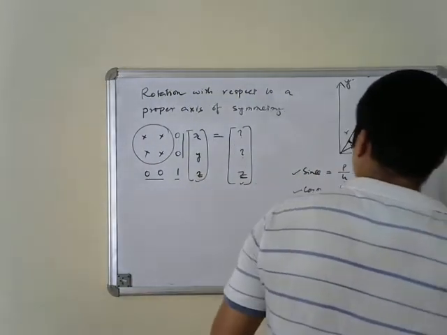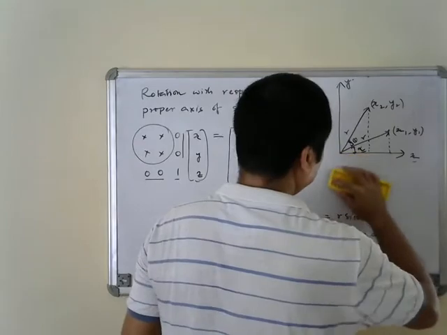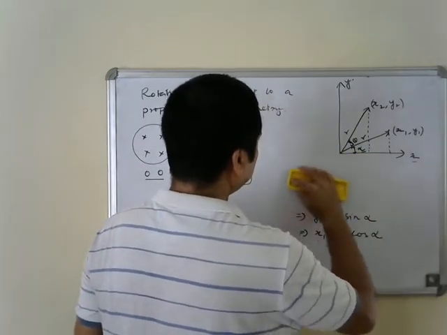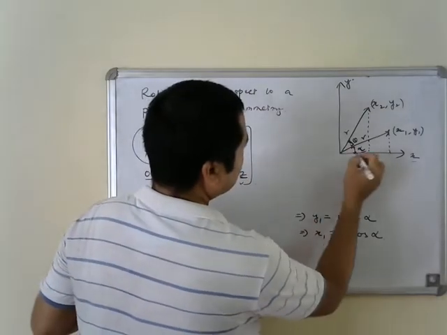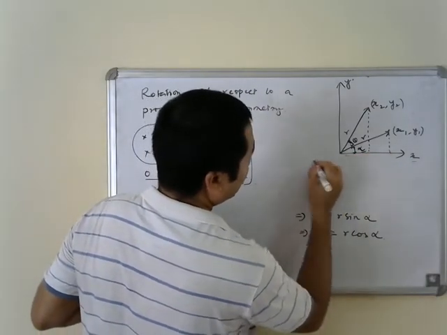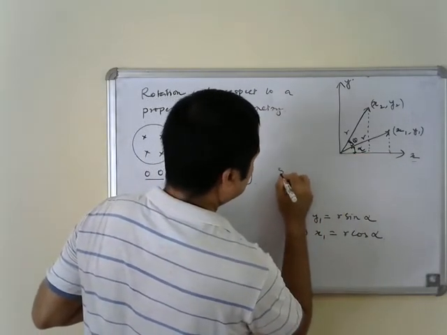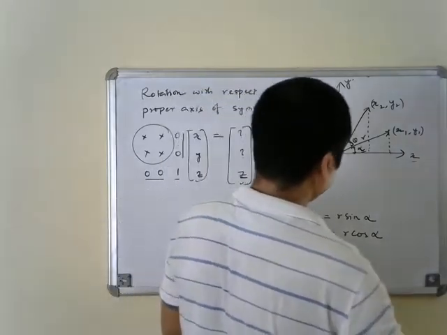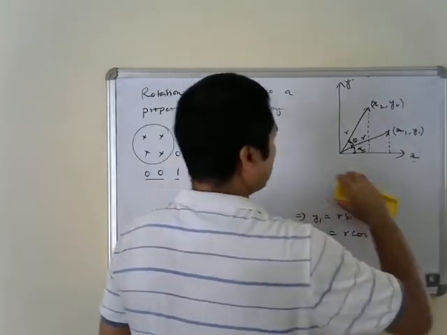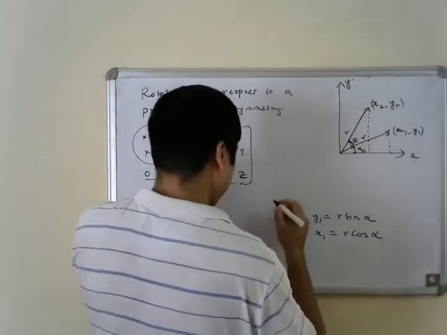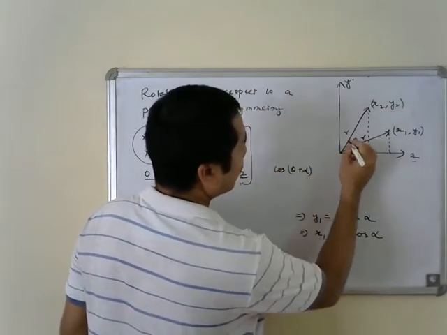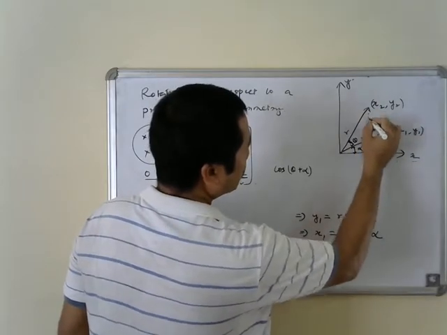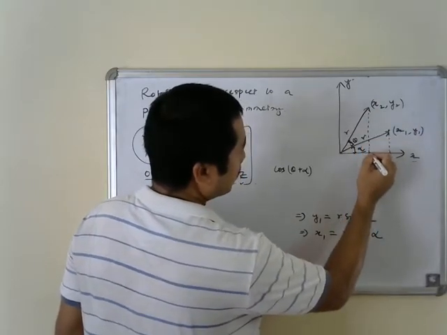Now let us see what the final coordinates are, again using the same trigonometric rules. Let us write cos first. Cos of theta plus alpha, since theta plus alpha is the final angle for this particular right angle triangle.